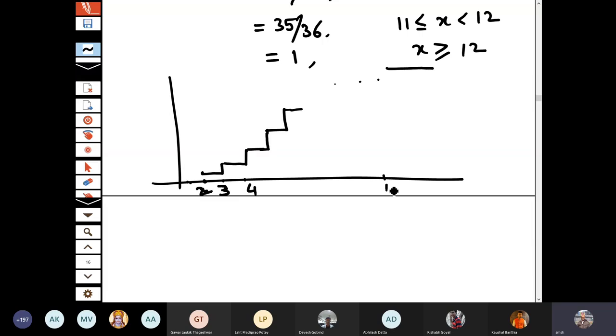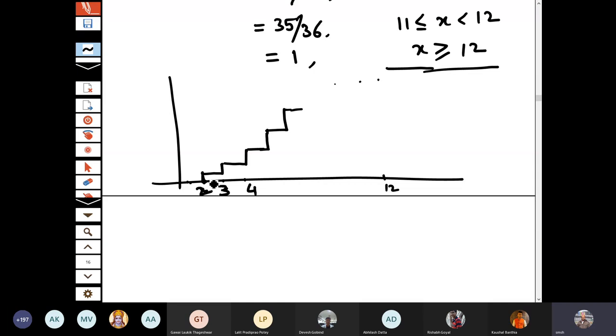See, after 12, it is becoming 1. So this is acting as a step function. It is looking like a staircase, where the size of the step is actually the probability.